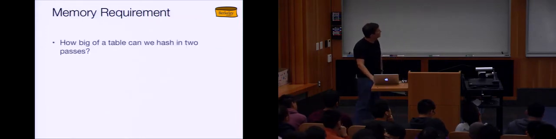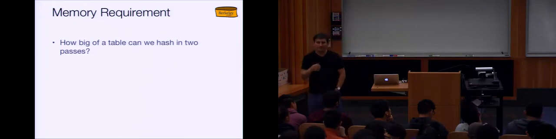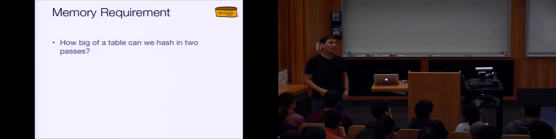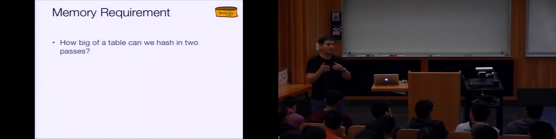Okay. What's the memory requirement? Well, let's think about this. How big of a table can we hash in 2 passes? Anybody see it? Each partition is how long? In the first pass, we partition into B-1 buckets. There are N blocks to begin with.